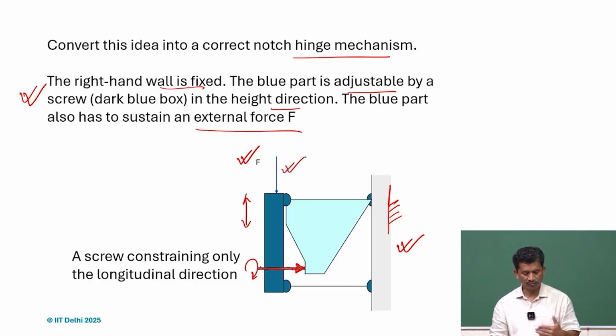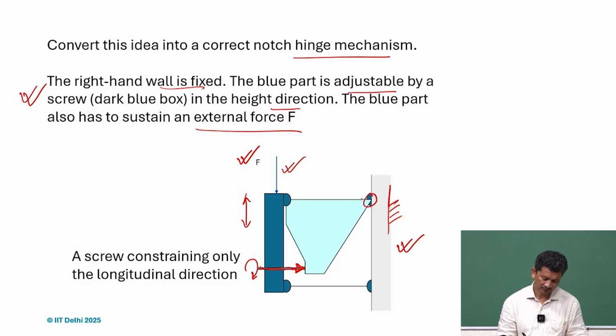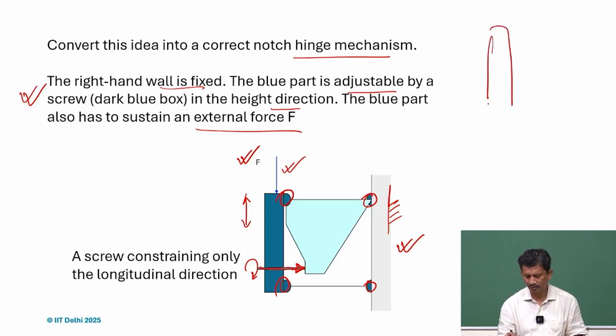So if we have to change into a whole flexure design, we know that the hinges will be in these 4 locations. So actually it will be nothing but this kind of mechanism with the hinges here.